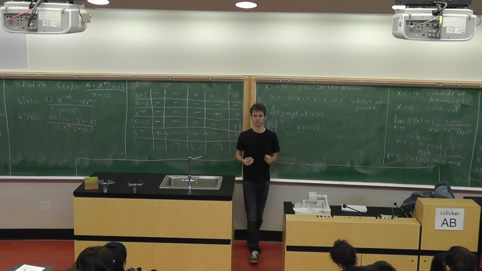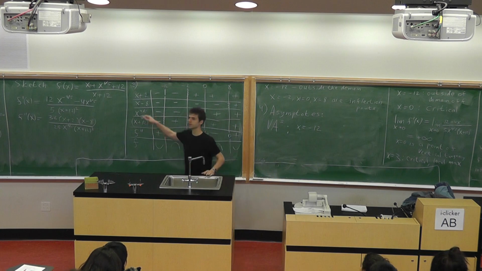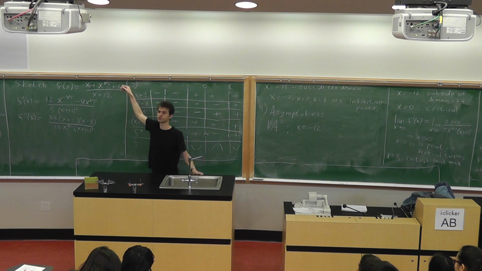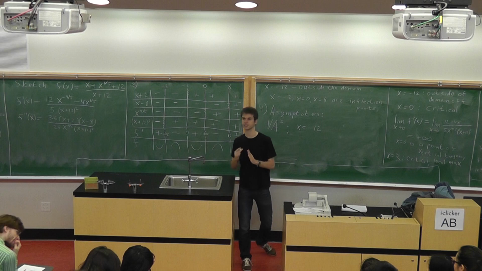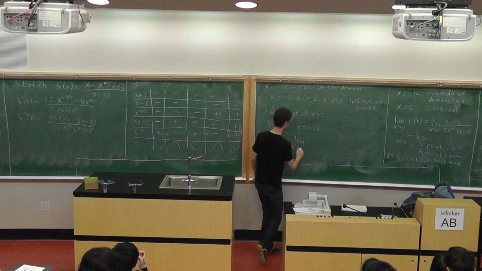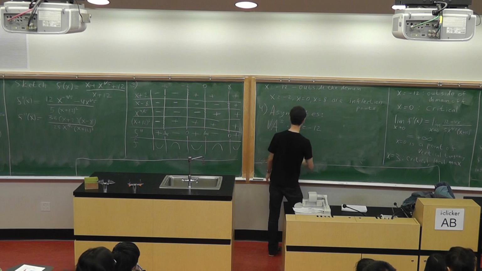You have to actually check. My function is not a quotient of two polynomials. I have this x to the power 1 over 5, the fifth root of something. So I'll have to check what happens as x goes to minus 12 from the negative side and from the positive side.